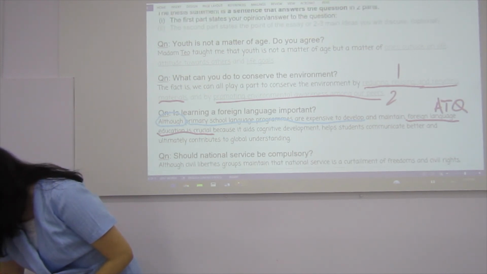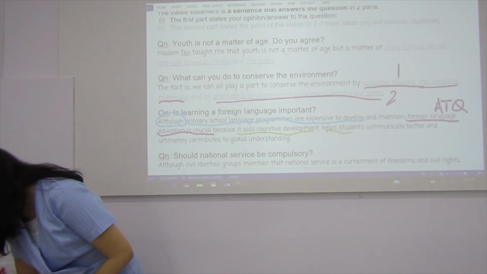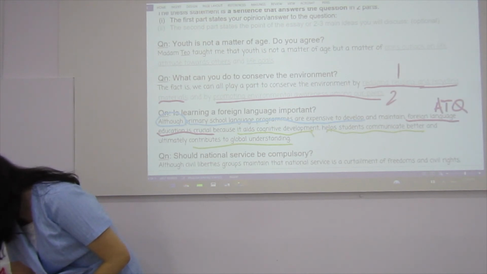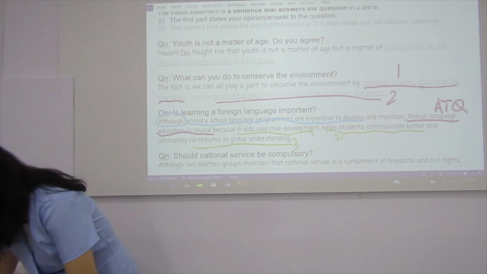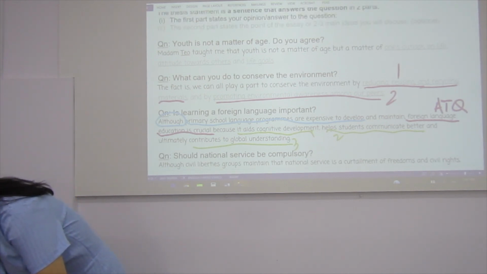They'll do this. Can anyone see? It says it aids cognitive development, helps students communicate better, and contributes to global understanding. So there's a 1, 2, 3. And the blue one is like the opposite, the negative.